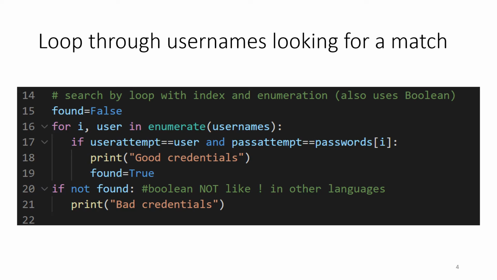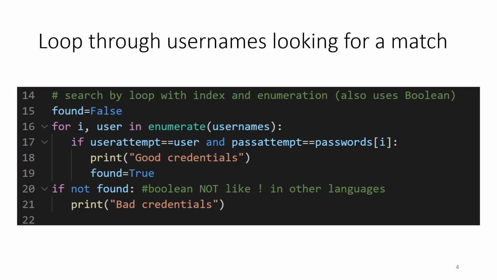By including this enumerate functionality, we have access not only to the usernames, Groucho, Chico, etc., but to the index, the position within the list, so the 0, 1, 2. And that index is going to allow us to work with the parallel list, which contains the passwords.